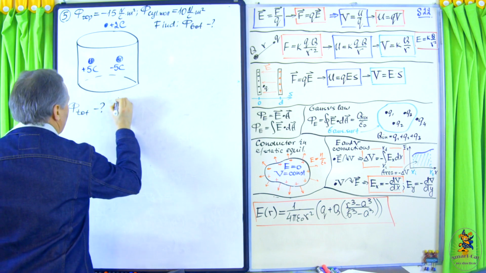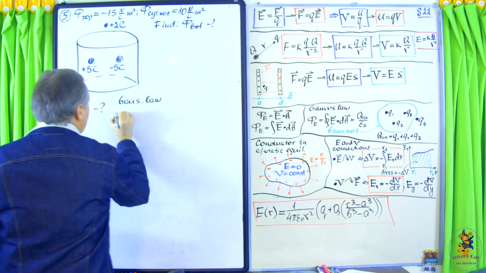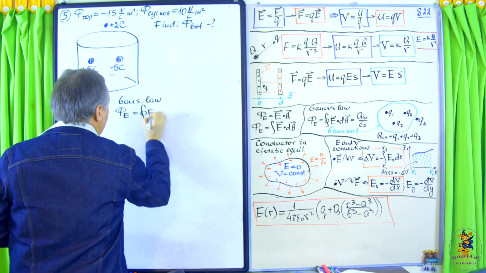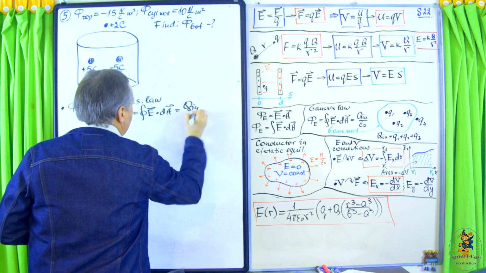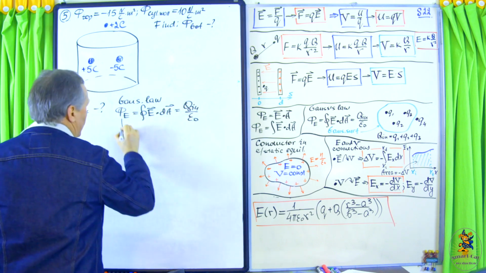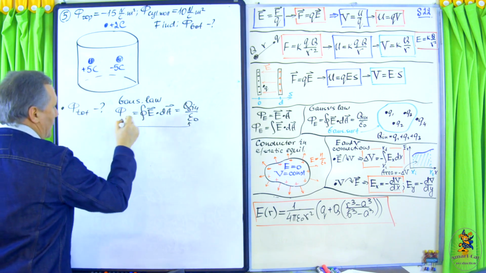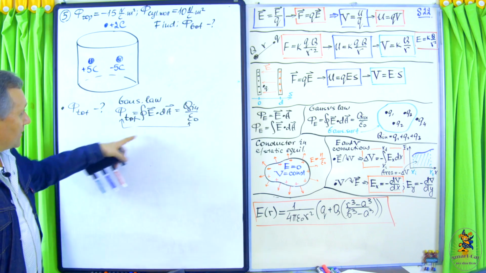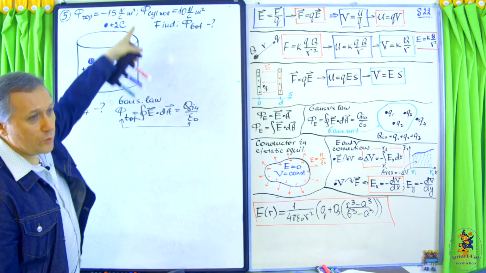Okay, so let me write. Using Gauss's law, the integral of E dot dA equals Q enclosed over epsilon naught. That's what we are connecting. I asked about the total flux, and it is equal to Q enclosed over epsilon naught. This charge, plus 2Q, is outside.